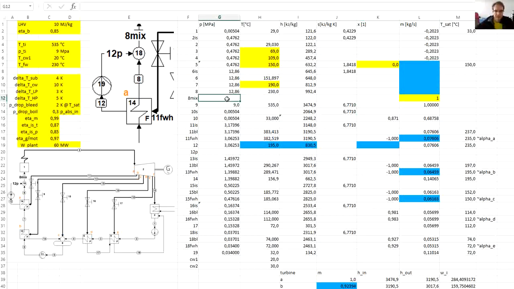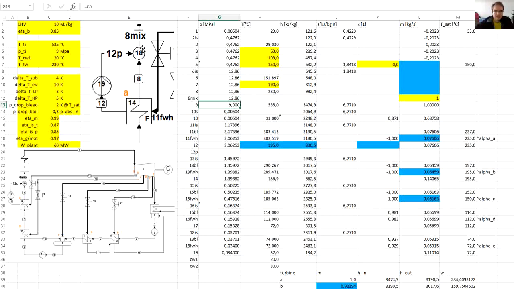Now for the 8 mix, since we don't assume any pressure losses, we know the pressure will be 12.9 megapascals as downstream, because upstream we have the boiler which has the pressure loss.